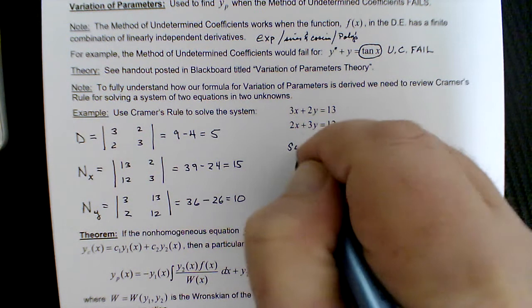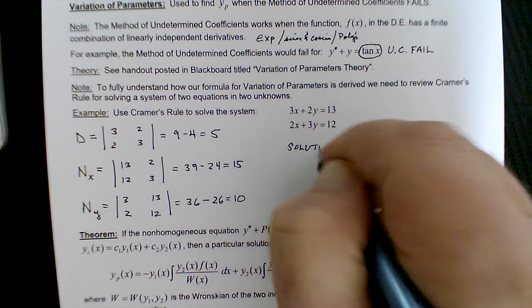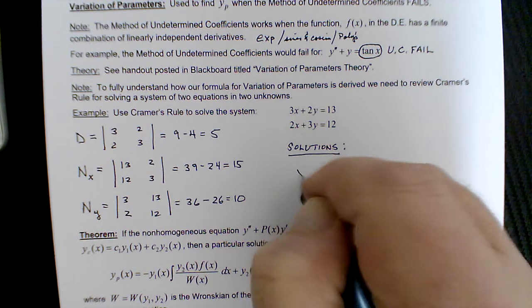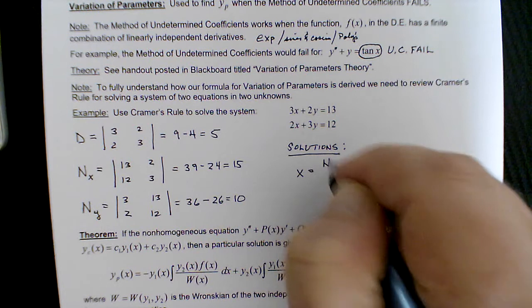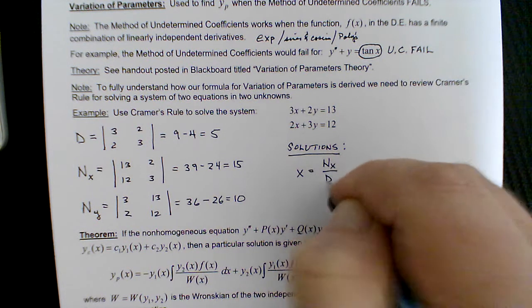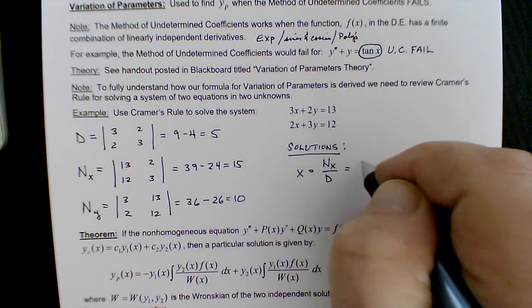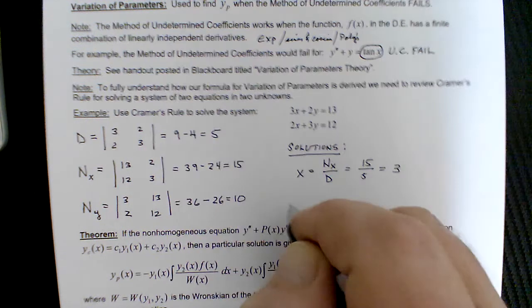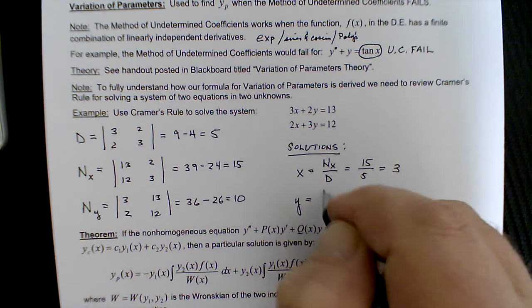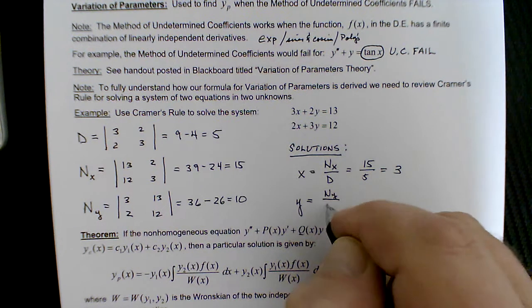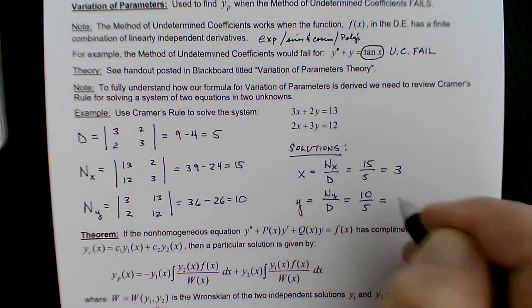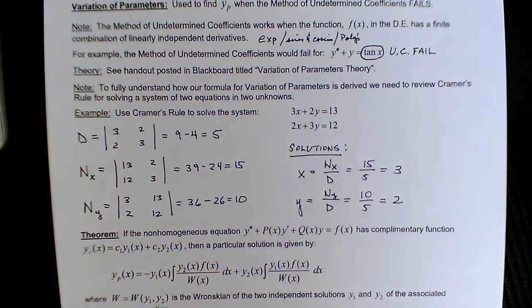So the solutions to this system are that x is going to be n sub x over D, so 15 over 5, or 3, and y is going to be n sub y over D, and that's 10 over 5, or 2. Okay, so kind of a nice little method.